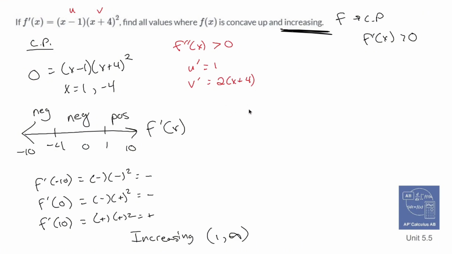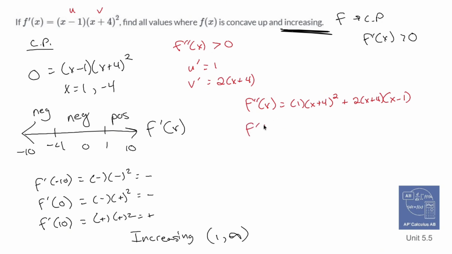So f double prime of x is going to equal u prime v, which is 1 times (x plus 4) squared, plus v prime u, so 2 times (x plus 4) times (x minus 1).